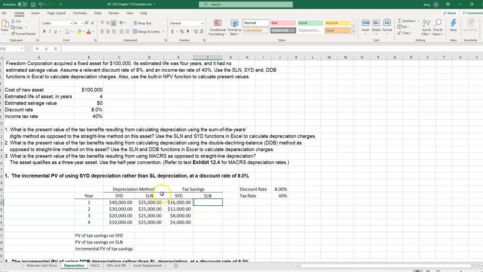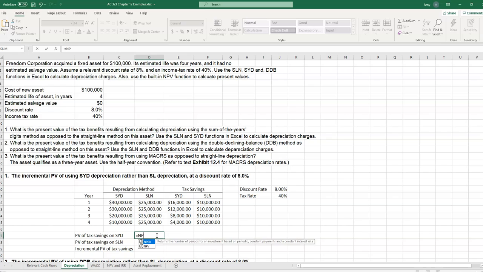And then we will do the same for our straight line, depreciation expense times the tax rate. We're going to compare the present value of the tax savings on the sum of years digits depreciation and the present value of our tax savings over 4 years of straight line depreciation.